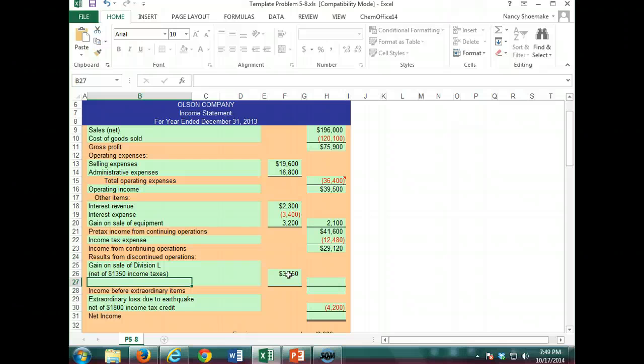Then we have a loss from operations of the discontinued Division L, and that's a net $900 credit. And what is that amount? 2,100. So these two net us 1,050.